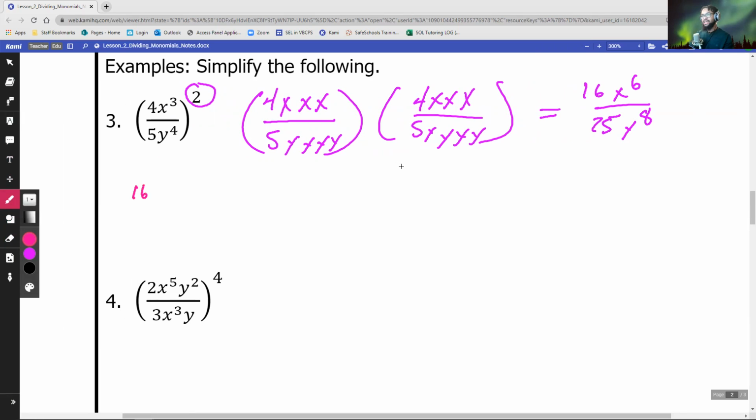Then x cubed to the power of 2, I multiply my 3 and my 2, which gives me x to the 6. Then with the denominator, 5 squared gives me 25, and y to the 4th raised to the power of 2, that's 4 times 2, which gives me y to the 8, okay? So that's the same as it was when we were working with the monomials.